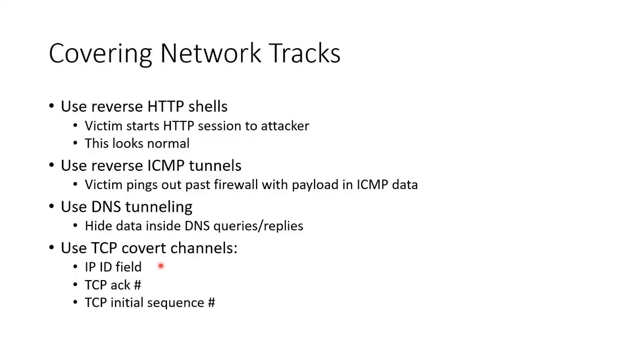You could also do this using the IP ID field in the IP header, put in secret data there. You could have TCP ACK segments, sequences that frankly don't mean anything, but they're hiding covert information. Or even in the initial sequence number, because there's no data exchange when we first do a handshake, so hide some covert data there. So it's possible.